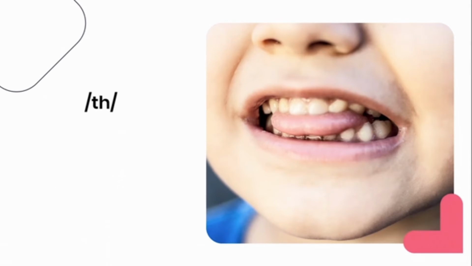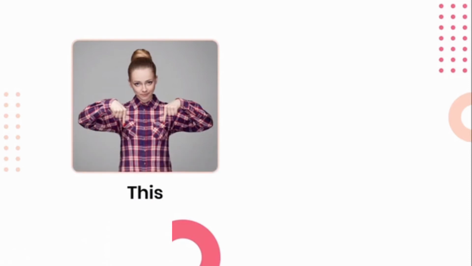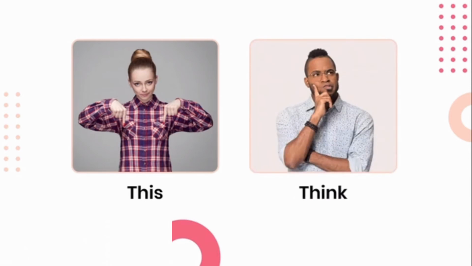It's very common for second language speakers to pronounce it as D or T. Some examples of words with the TH sound are this and think. This is often incorrectly pronounced as dis. Think is often incorrectly pronounced as tink.